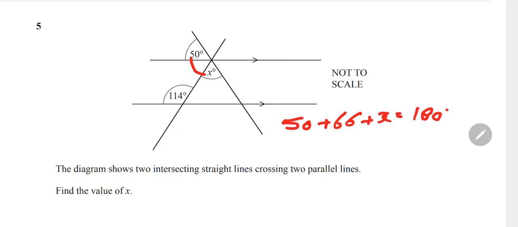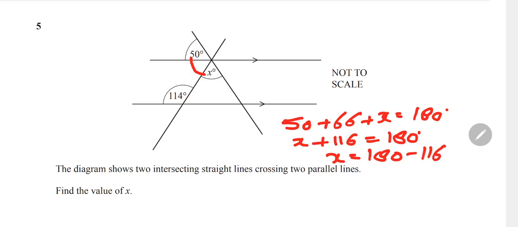The value of this one is 116. So x plus 116 is equal to 180, or x is equal to 180 minus 116. Now if you subtract 116 from 180, we get 64. x must be 64 degrees. Done. Okay.